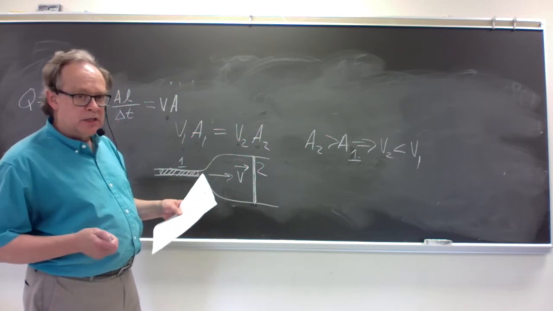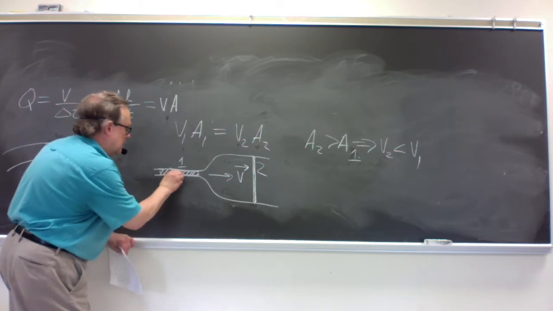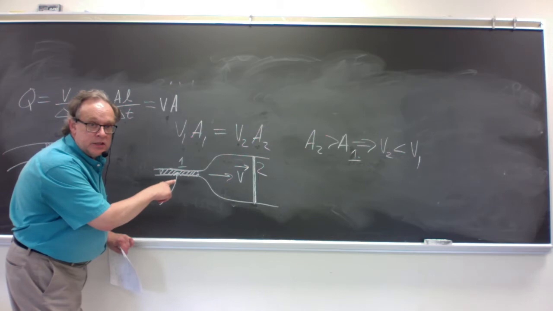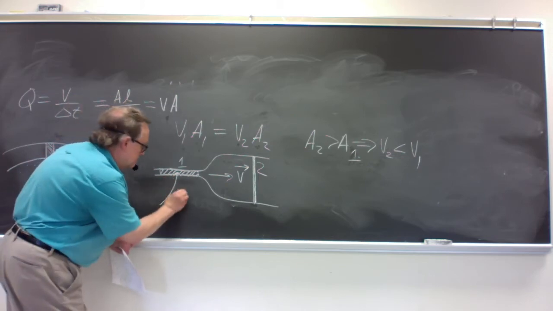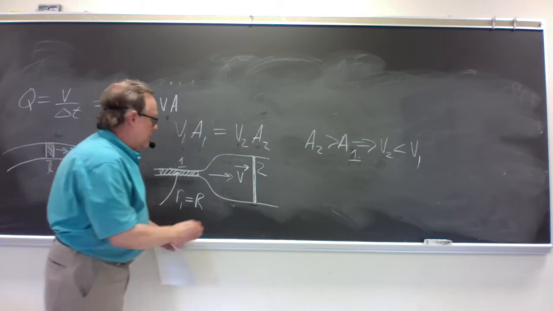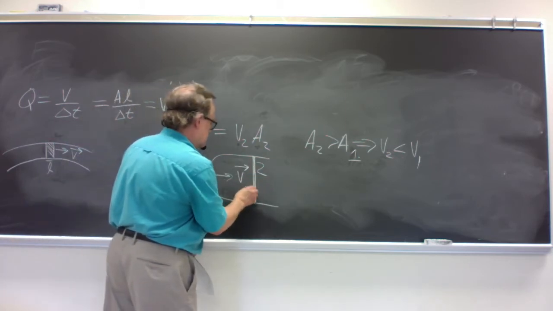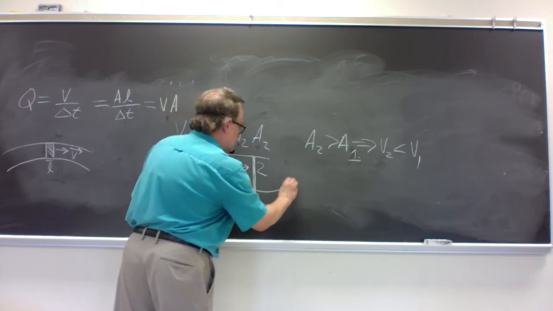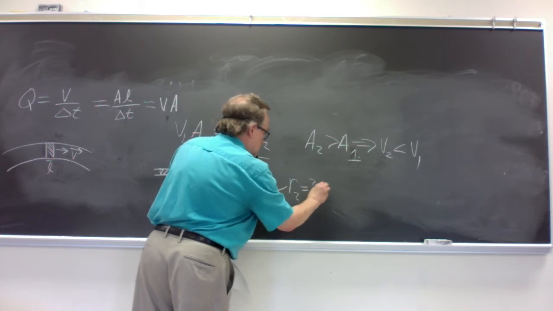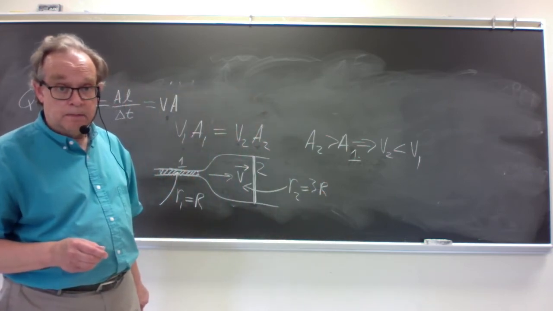Just to give a specific example of this, let's say these are circular tubes, and the radius here we'll just call R, and in this big circular tube, three times larger. The volume is 3 times larger.